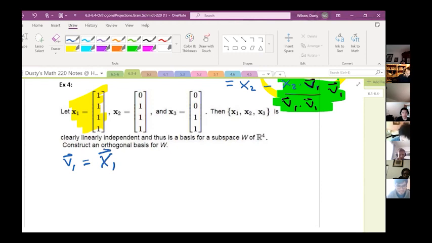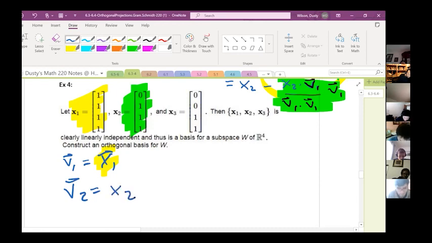So we've got our V1 equals X1. So then our V2 is going to start with that X2. But the V2 and the X2 might not be perpendicular to V1.